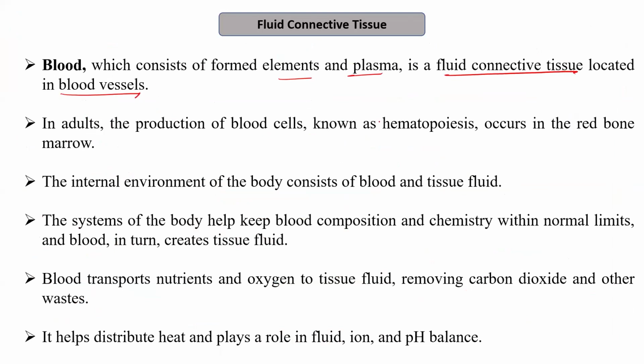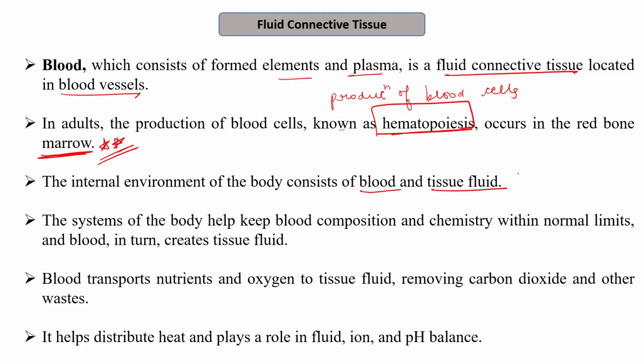In adults, the production of blood cells, known as hematopoiesis, occurs in the red bone marrow. So the bone marrow, which is present in the bone, helps in hematopoiesis, that is, the production of blood cells. The internal environment of the body consists of the blood and the tissue fluid.